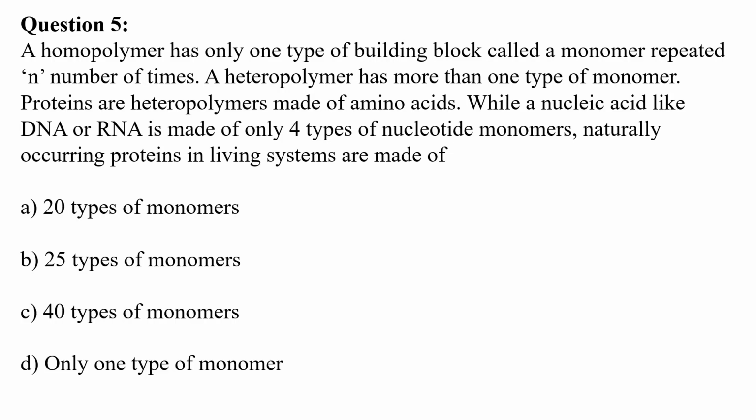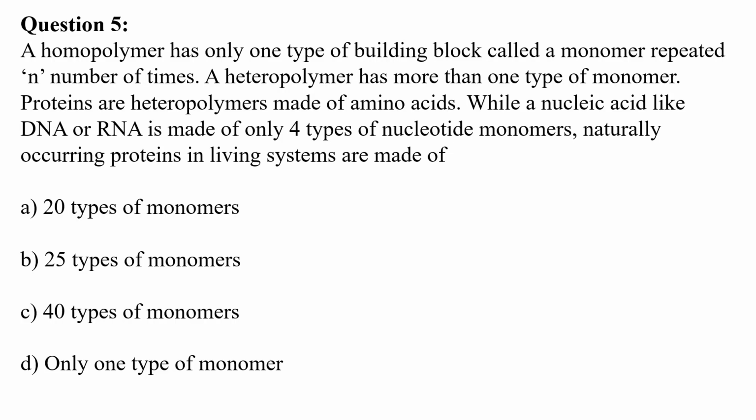So nucleic acid is made of 4 different types of monomers. We have A, T, G, C, 4 bases basically. A is one type of monomer, T is the second type of monomer, and so on. These 4 monomers join together in random order to make a heteropolymer, which is the nucleic acid.